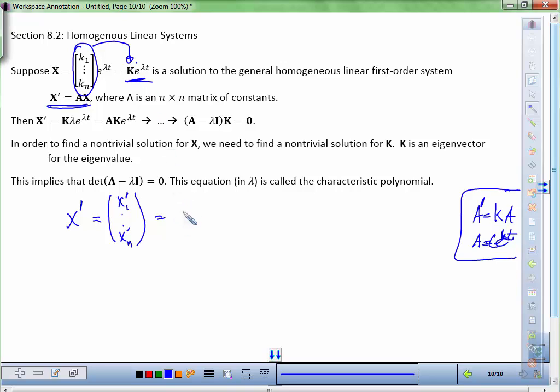So this will end up looking like a constant times the derivative of e to the lambda t, which is lambda e to the lambda t. So that's all your derivatives, compactly written like that.